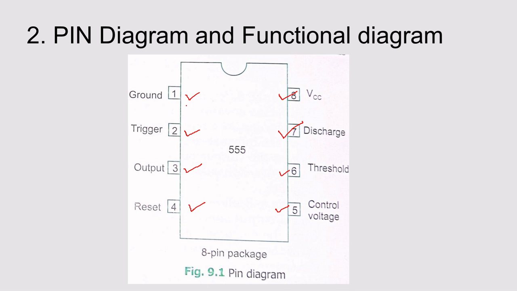Repeating again: first pin ground, second trigger, third output, fourth reset, fifth control voltage, sixth threshold, seventh discharge, and eighth supply. For these pins we are going to see the description.